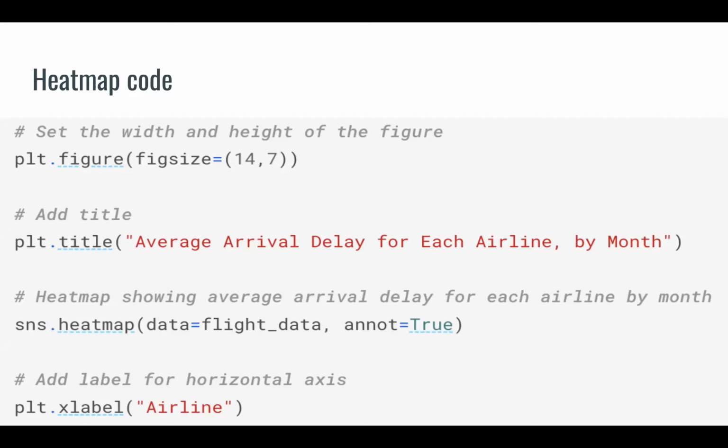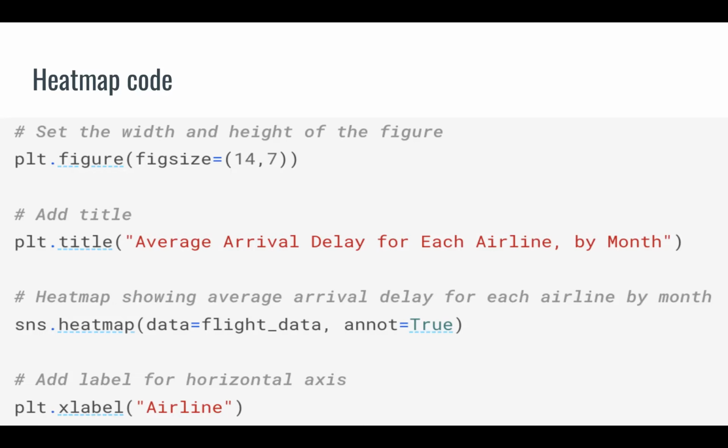So how can you construct a heat map? In order to construct a heat map, you want to follow these steps. First is to determine the data that you want to visualize.